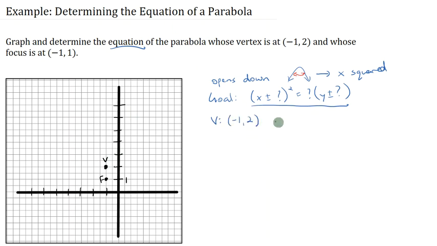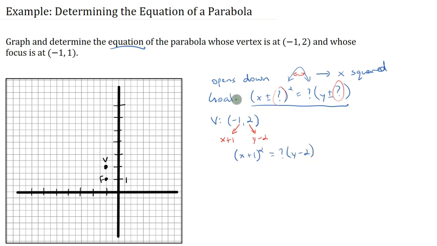If you remember, the vertex relates to the numbers that go inside next to x and y. So x is -1, that tells us the equation will have an x plus 1 because they're opposites. And y is 2, so y will be y minus 2 because those are opposites. So at this point, we have an equation that looks like this: x plus 1 squared equals an unknown number times y minus 2.